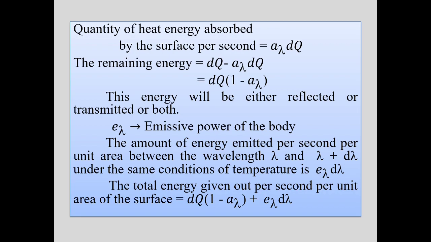So the total energy given out per second per unit area of the surface is dq into 1 minus A lambda, the factor which comes from the energy given out by means of reflection or transmission, plus E lambda d lambda.